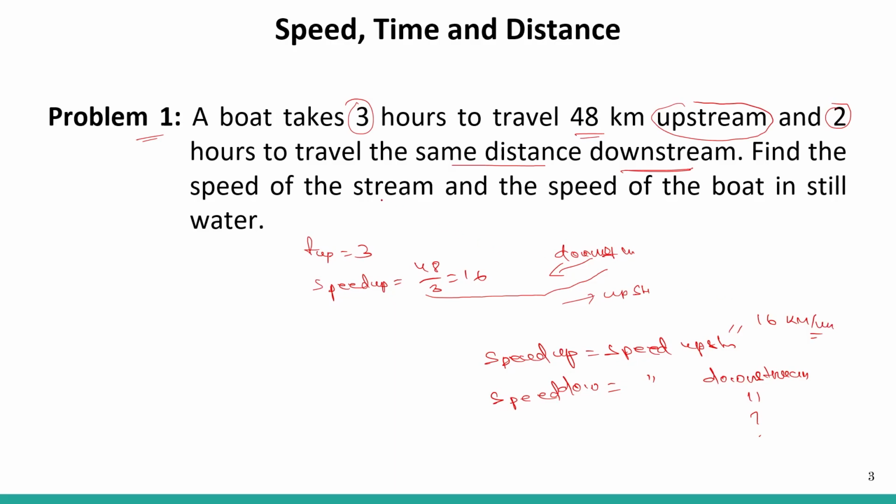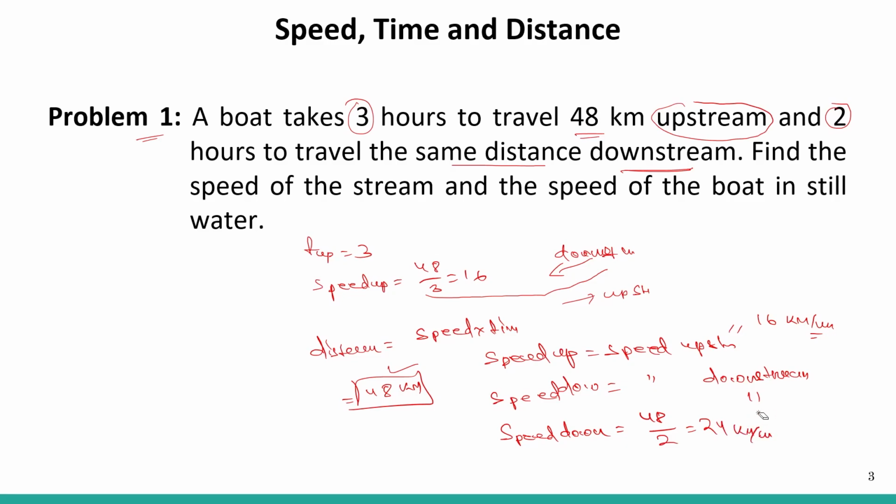Distance is speed into time, that is 48 kilometers. To cover that same distance coming downstream, speed down is 48 by 2, which is equal to 24 kilometers per hour.